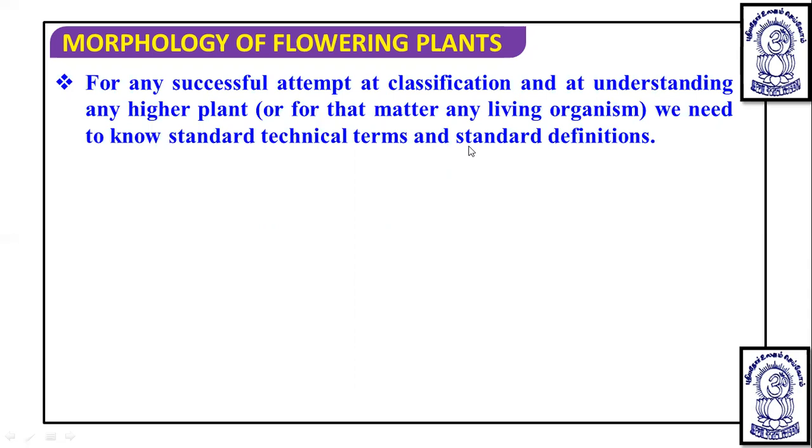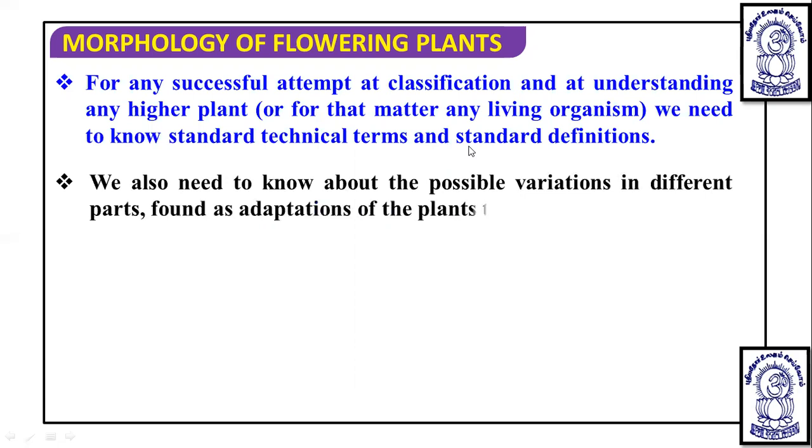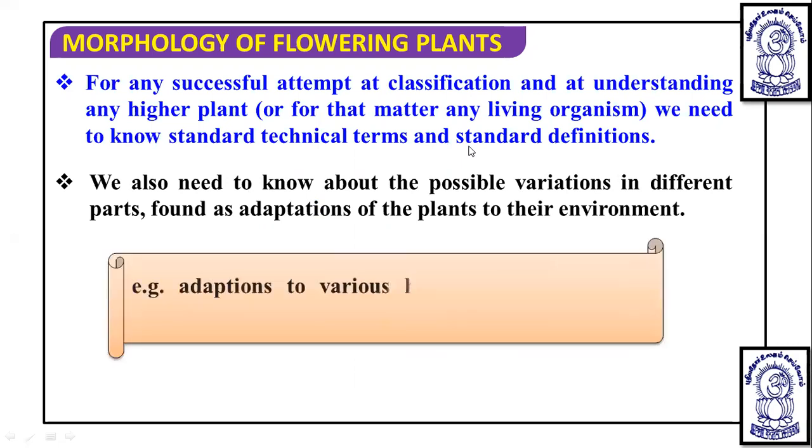We also need to know about the possible variations in different parts found as adaptations of the plant to their environment, for example adaptation to various habitats for protection, climbing, and storage. How it is done by the different parts of the plant, that we need to study.